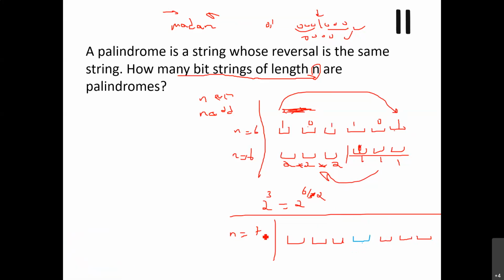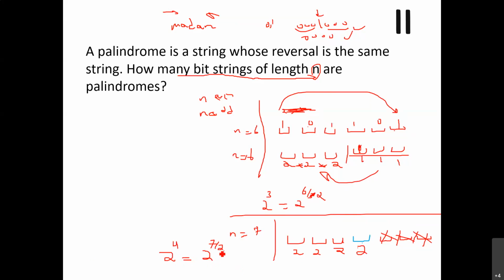So again, I have 2 here, 2 here, 2 here. These don't get a say because they're just symmetrical. But this one, it can either be 0 or 1. It doesn't care, so you get an extra 2. So if n is 7, you get 2 power 4, or 2 power 7 over 2.